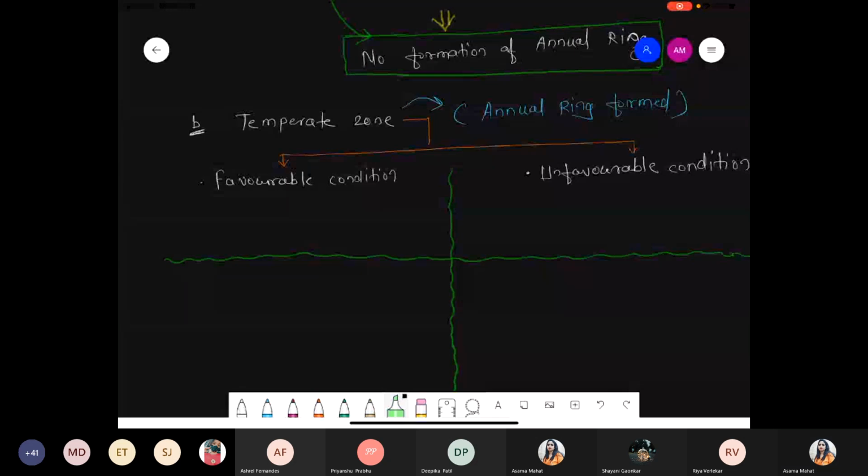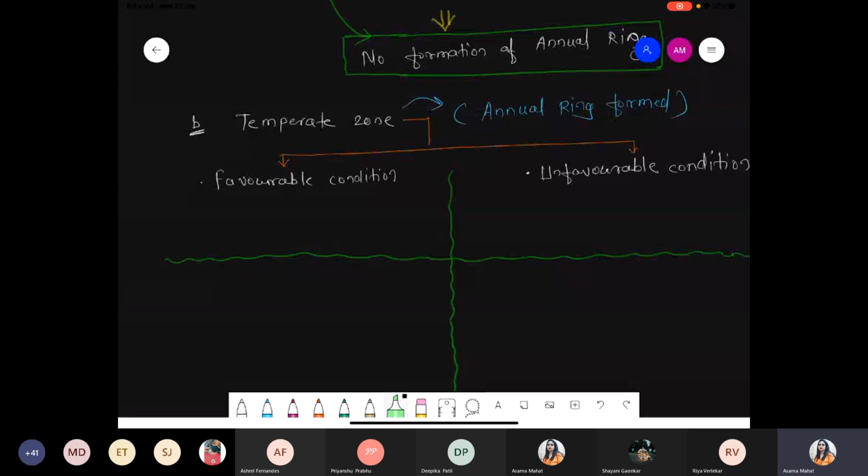Annual ring. Just check the module, you will get one question. From this chapter, 2 to 3 questions are made. So secondary growth is also important, but very simple. The area is fixed from where questions are designed, like vascular cambium activity, like secondary xylem, and this part, that is annual ring. So these are the fixed areas from where questions are designed.